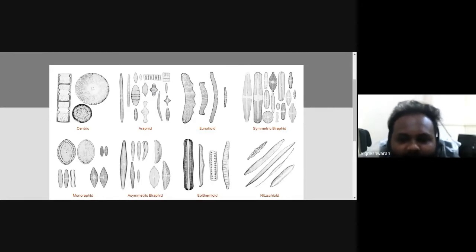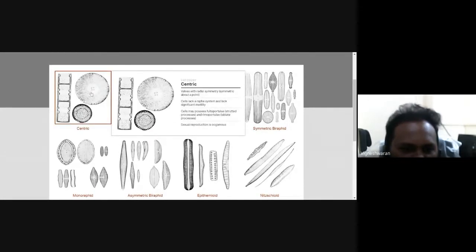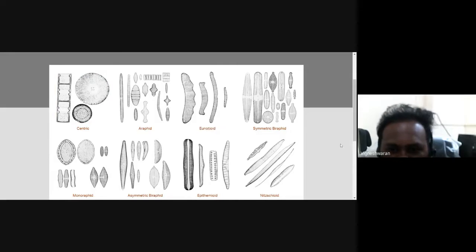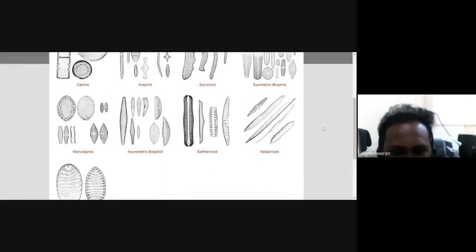Okay, fine. Morphologically, how many varieties are there in diatoms? There are two major classifications: one is centric diatoms and another is pennate diatoms. Here, the centric, where I am showing my cursor, is one group, and the rest is the subclassification.